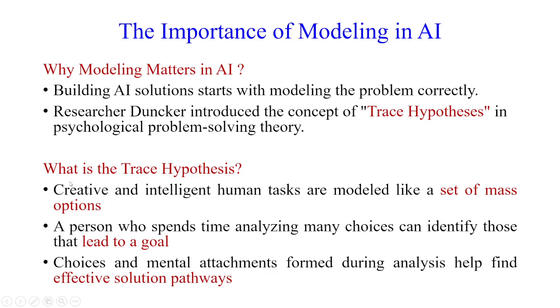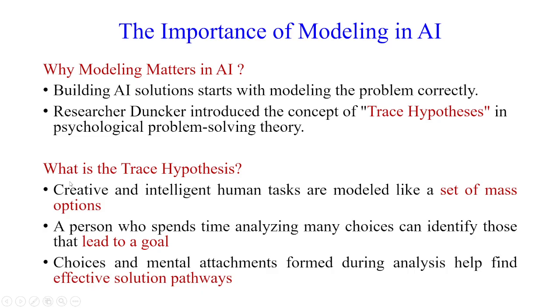There was a researcher named Dunker who introduced the concept of the trace hypothesis in psychological problem solving theory. For that we should understand what the trace hypothesis is. Dunker said that creative and intelligent human tasks can be modeled like a set of many options. What is the meaning?